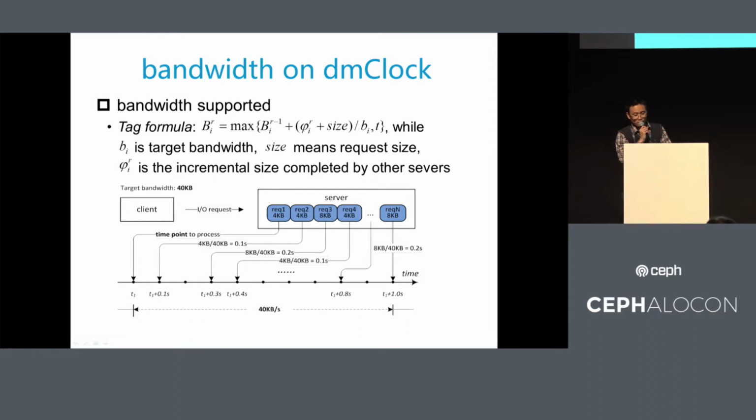Here is the calculation formula. The letter B is the target bandwidth of a client. The word size means the size of the current request. And the phi is the incremental size completed by other services.